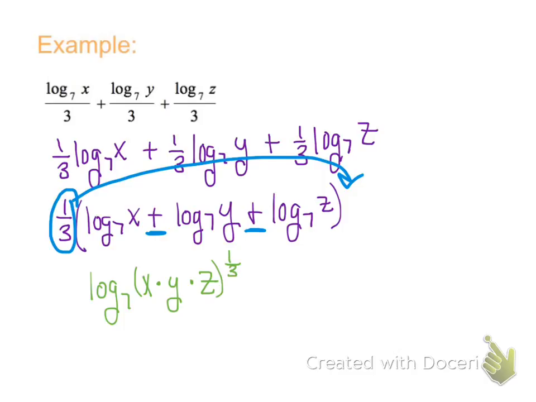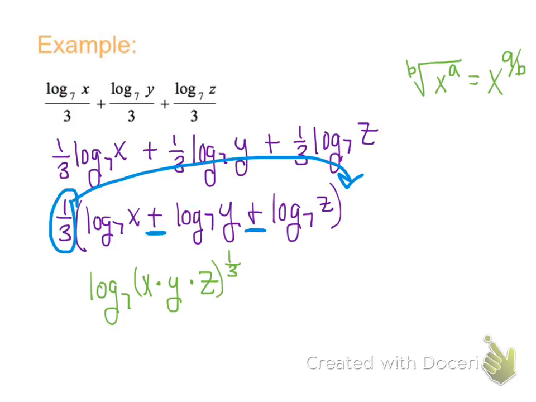Now remember, when you have a fraction as an exponent, it's the same thing as being a radical. So if I write you a little side note, if I have x to the a power, and then you have that b radical, that's the same thing as saying x to the a divided by b power.